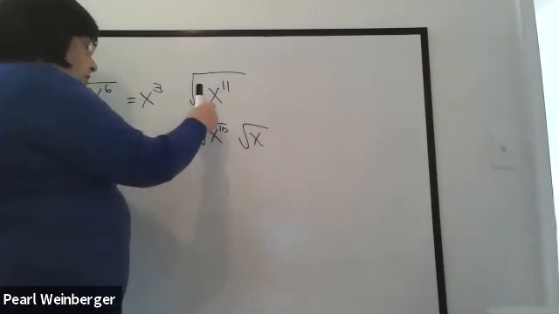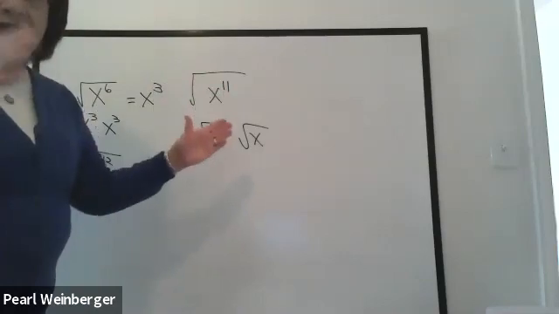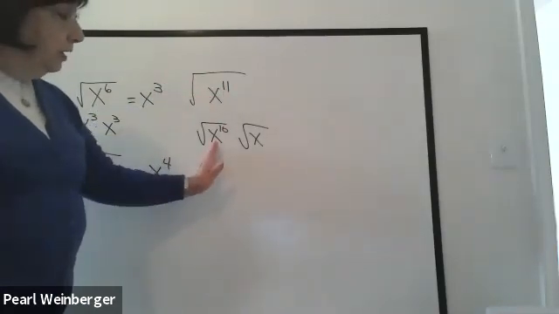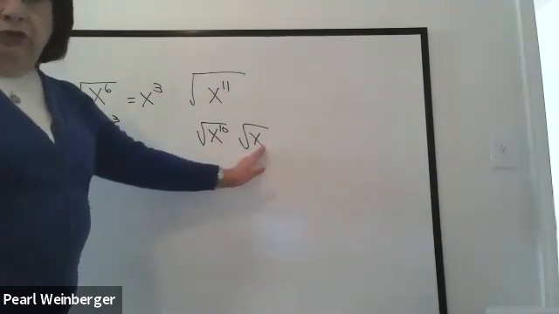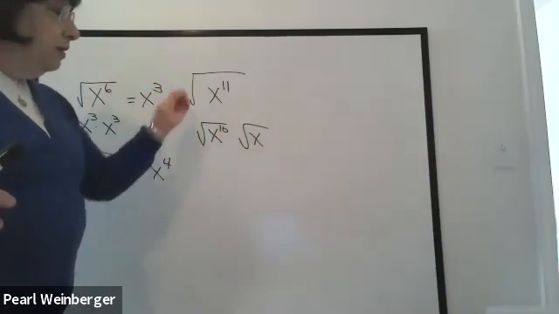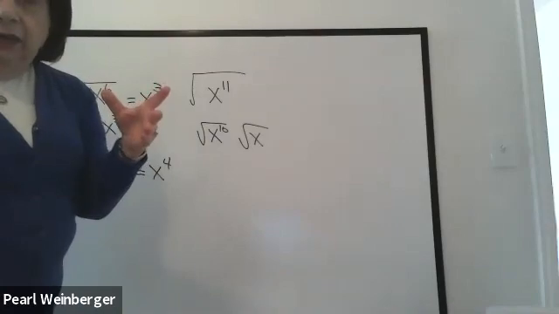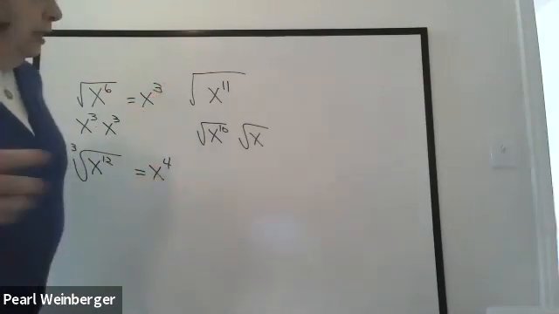I separated, just like I separated, let's say, the 50 into 25 and 2, the x to the 11, I separate into x to the 10 and just x to the 1, which is just x. Remember, I found that out by just subtracting 1 from the exponent. Anytime you have an odd number, all you have to do is take 1 away from it, and you're left with an even number.